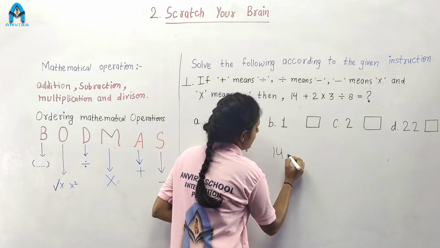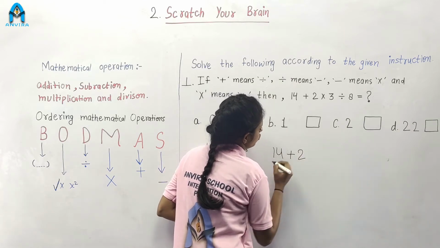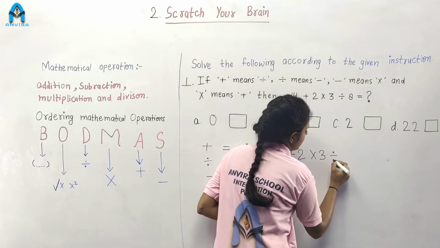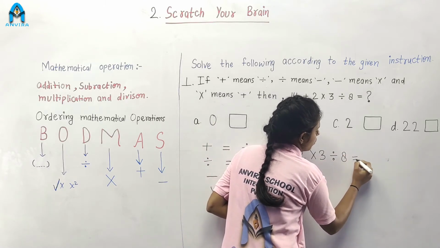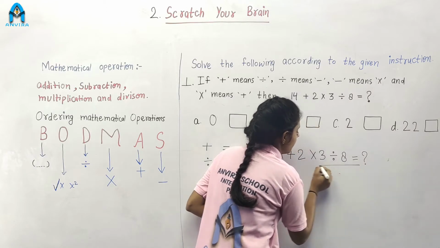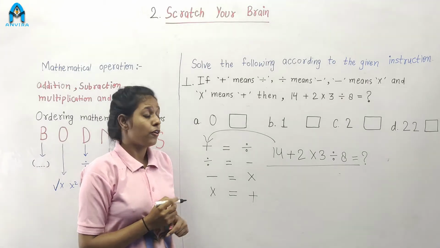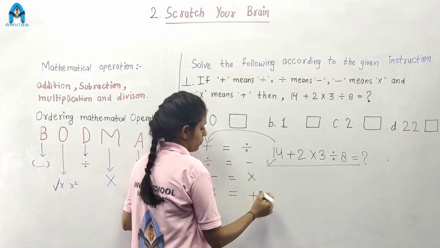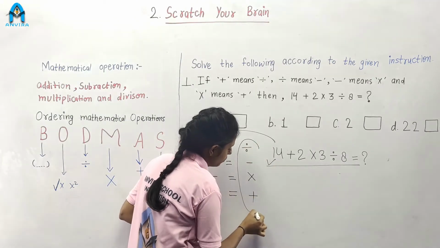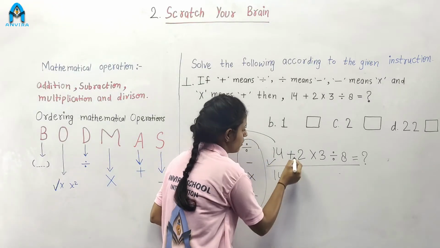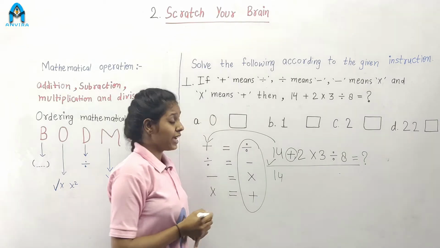14 plus 2 multiplied by 3 divided by 8 is equal to what? We have to change the operations according to this. So 14, what is the meaning of this sign?